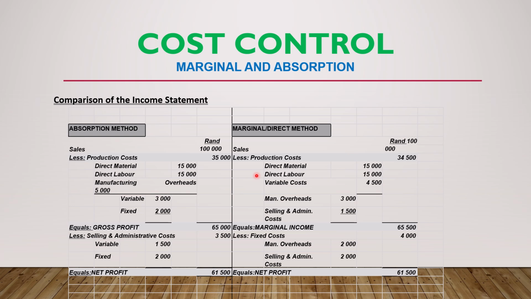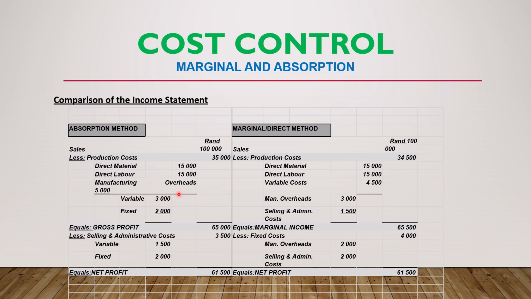Remember, this method says we don't recognize any fixed costs as part of production cost. We only recognize variable costs. So you also have a variable cost made by the variable part of the manufacturing overhead.